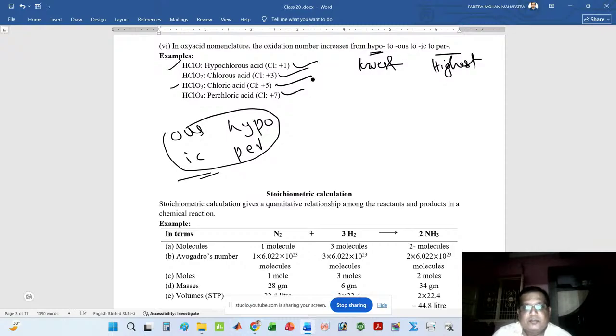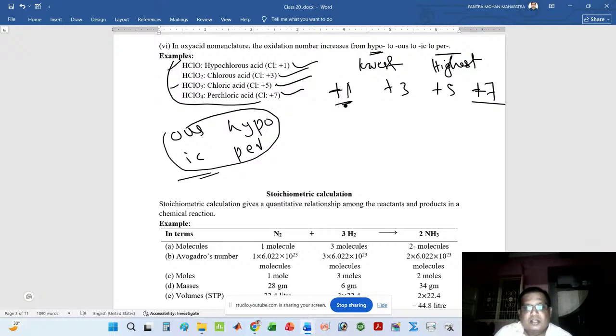Look at that. If I have plus 1, plus 3, plus 5, plus 7 for these oxyacids, here plus 1 is the lowest oxidation state and plus 7 is the highest.